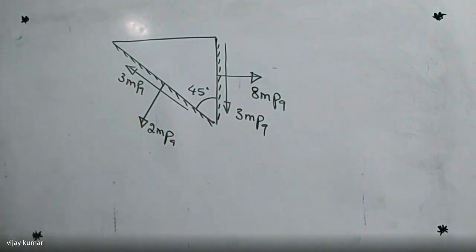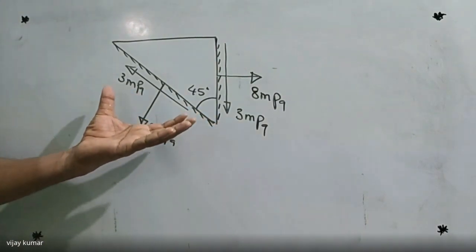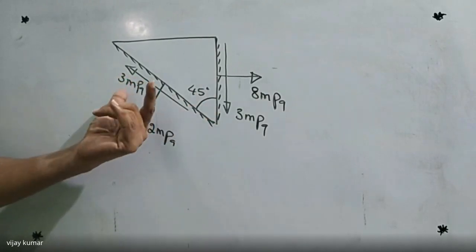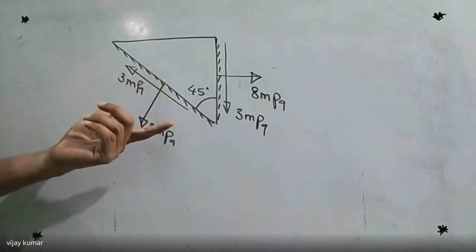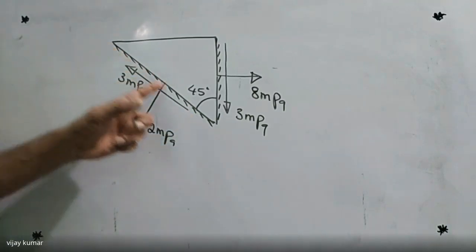So this is the question given to you. They are asking: determine the two principal stresses. He is asking two principal stresses. So which case is it? Tell me now. Is it uniaxial, biaxial, or biaxial and shear? First of all, you have to identify this case. Here, this is the oblique plane.